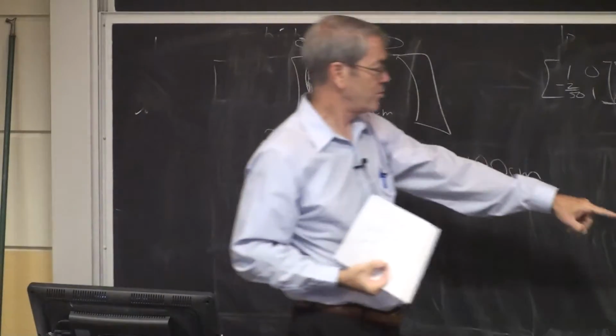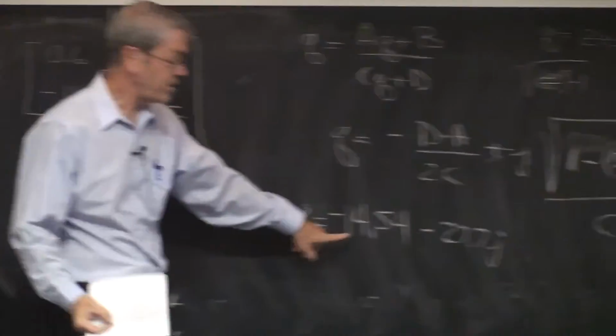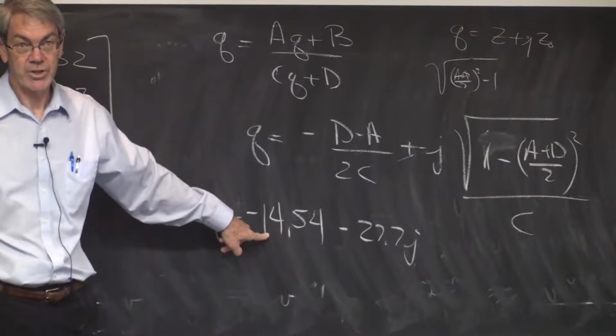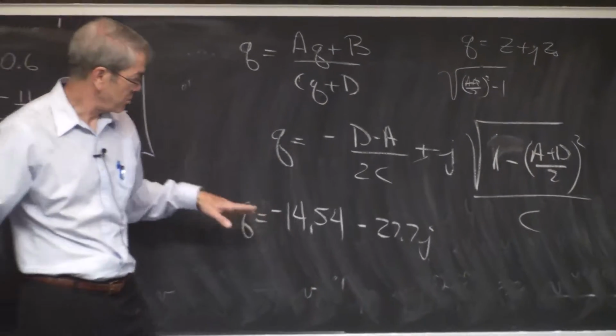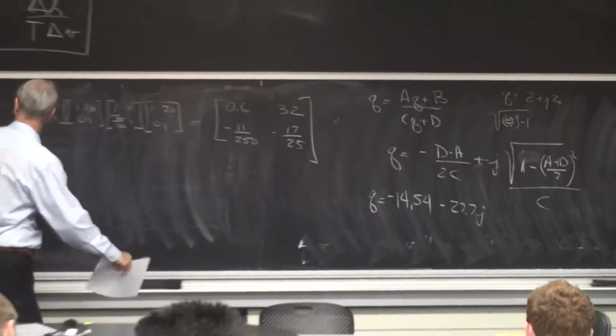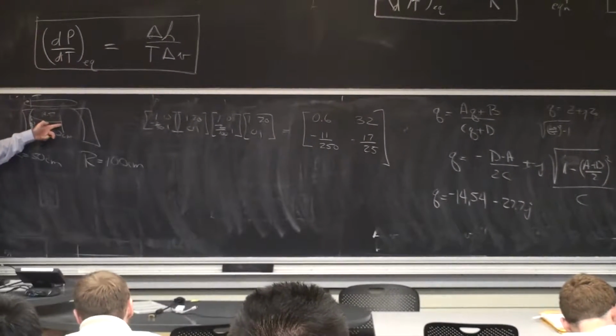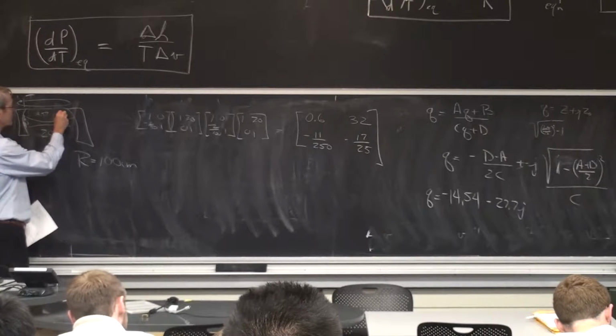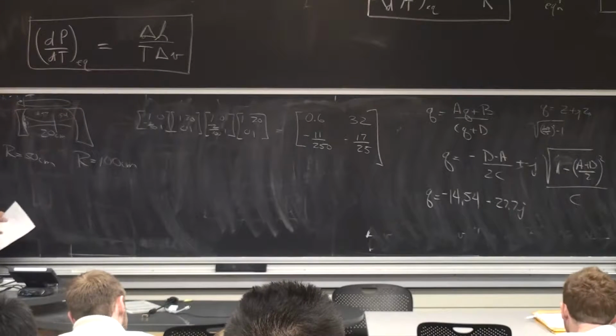That's what Q tells me. Q tells me I'm sitting at Z, and Z equals 0 is where the waist is, remember? So we're 14.5 centimeters in front of it. So we advance along, and that'll put us at the waist. Notice the waist is not in the center, and I've got about another 5.4 centimeters to that mirror there.